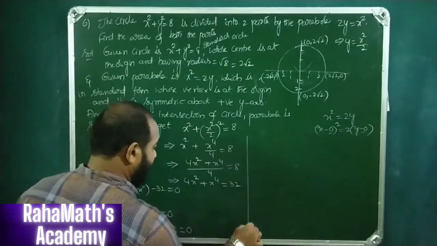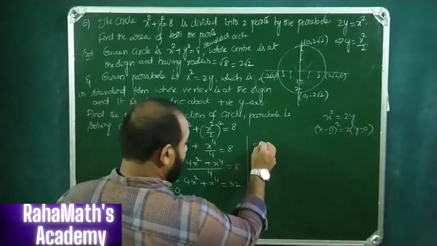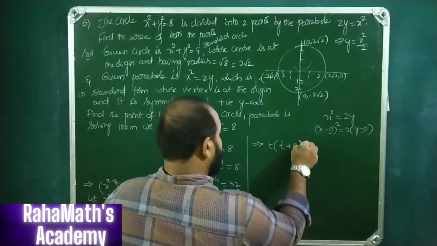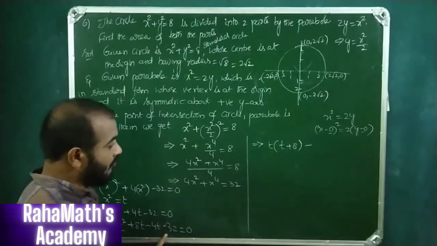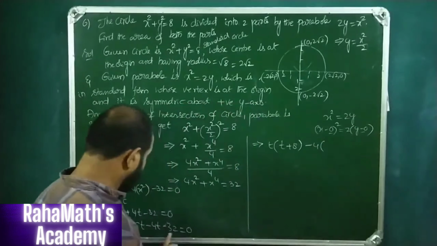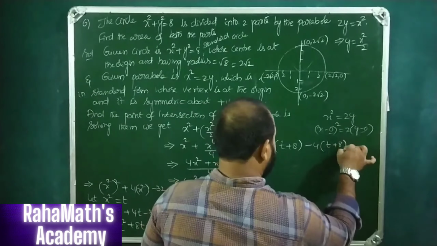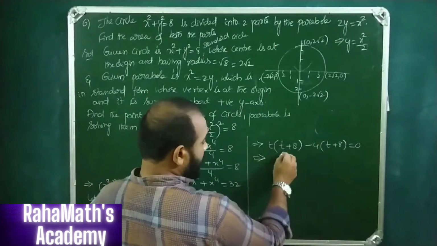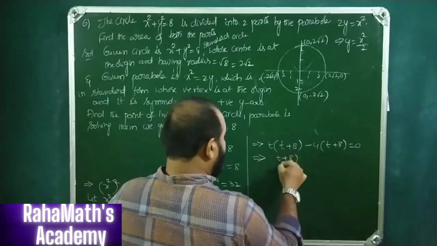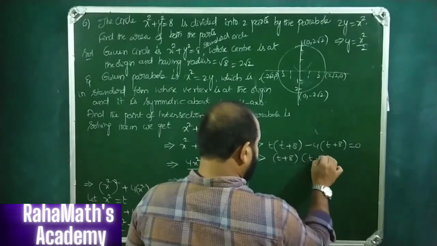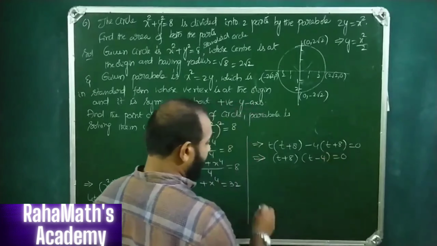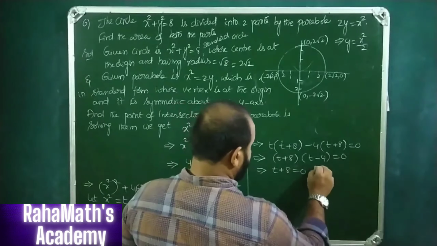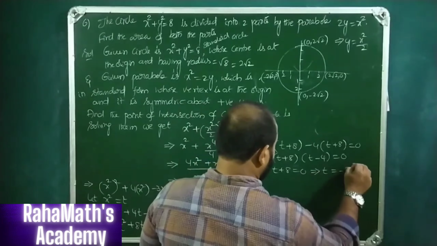That implies t into t plus 8, minus 4 if I take common, t plus 8 equals 0. That implies t plus 8 taken common, then t minus 4 equals 0. So t plus 8 equals 0, t equals minus 8.